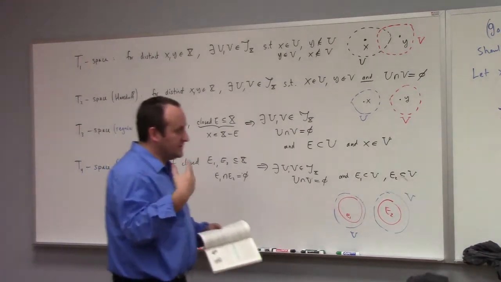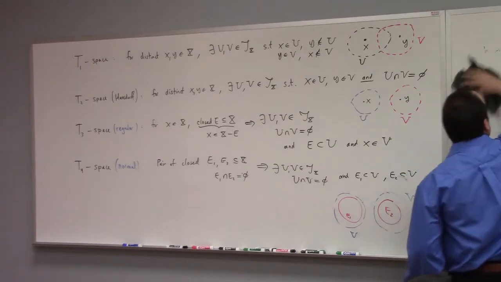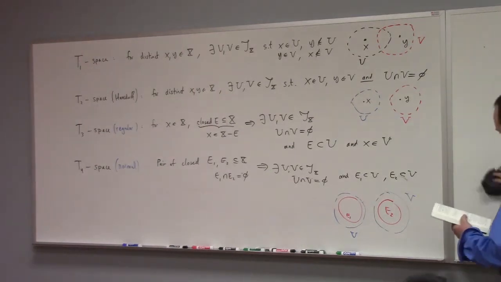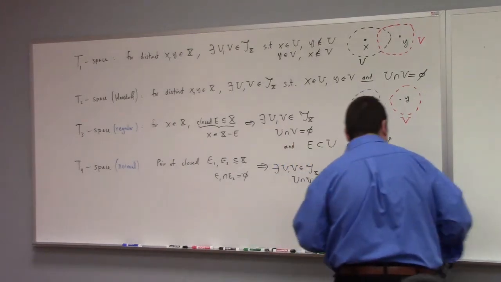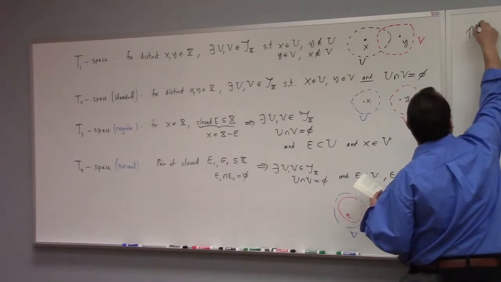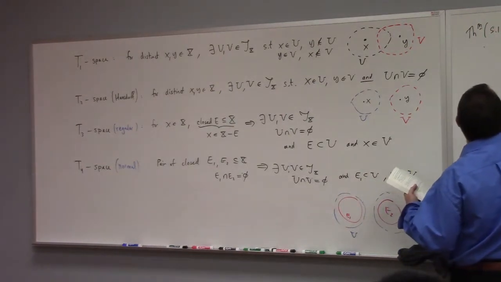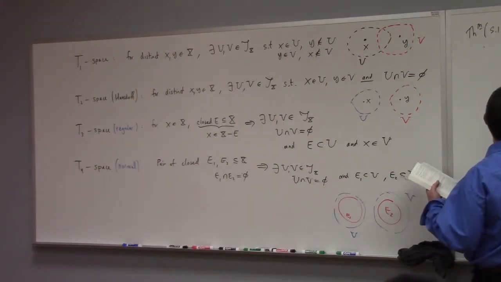So the main theorems that I want to share with you are as follows. First of all, every metric space is normal. Metric spaces are T4.